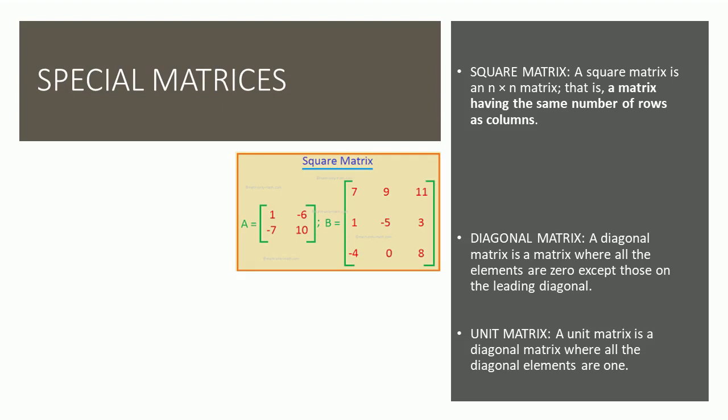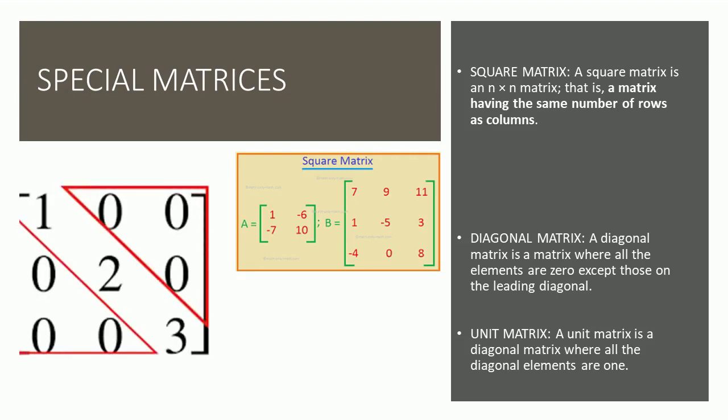For instance, the first one we have here is the square matrix, and the square matrix is a matrix that has the same number of rows and the same number of columns, meaning that if the size of the matrix is m by n, whenever the m and the n are equal, we have a square matrix. For instance, we have A here, which is a 2 by 2 matrix. We have B here, which is a 3 by 3 matrix. So you can see that they are both square matrices.